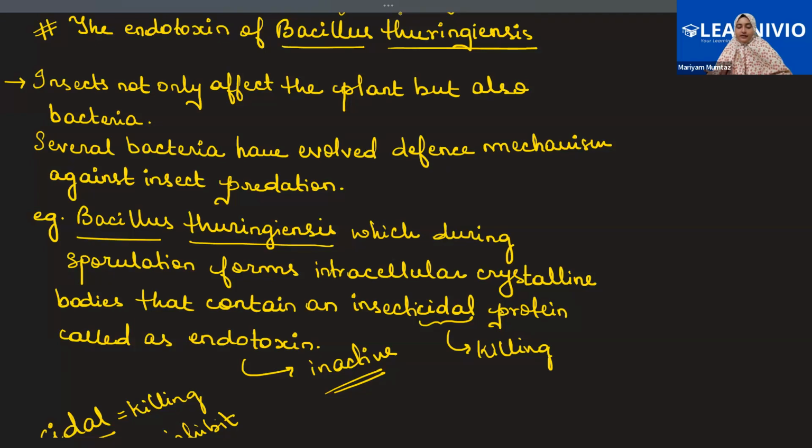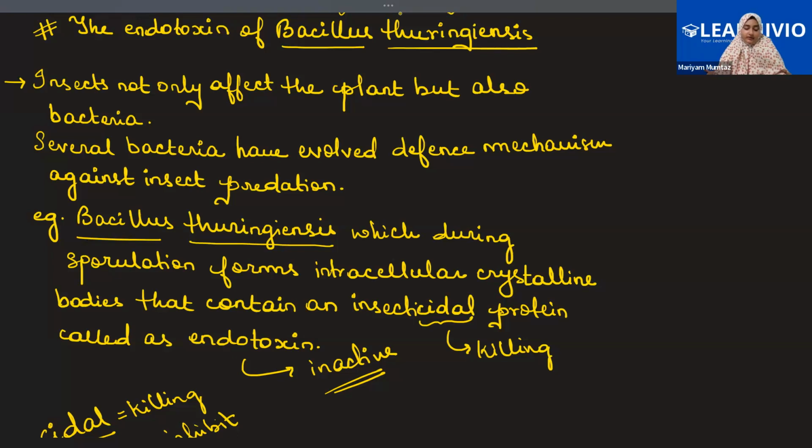So they have evolved a mechanism through which they can produce insecticidal protein in them. This is for bacteria. But now we want the plants also to make their own insecticide. So we are going to take this particular gene from the bacteria and incorporate it into the plant's genome. So whenever the insect comes and eats the plant, that toxin will be released in its body and it will cause the death of the insect. Now let us see how that happens.